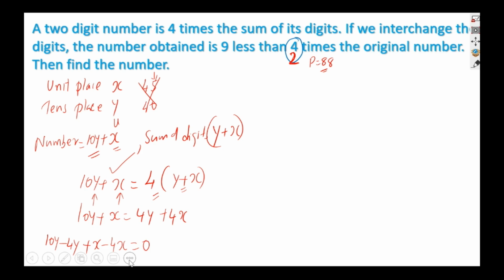Ultimately 10y minus 4y is equal to 6y. x minus 4x is equal to minus 3x. So I will write x first: minus 3x plus 6y is equal to 0.